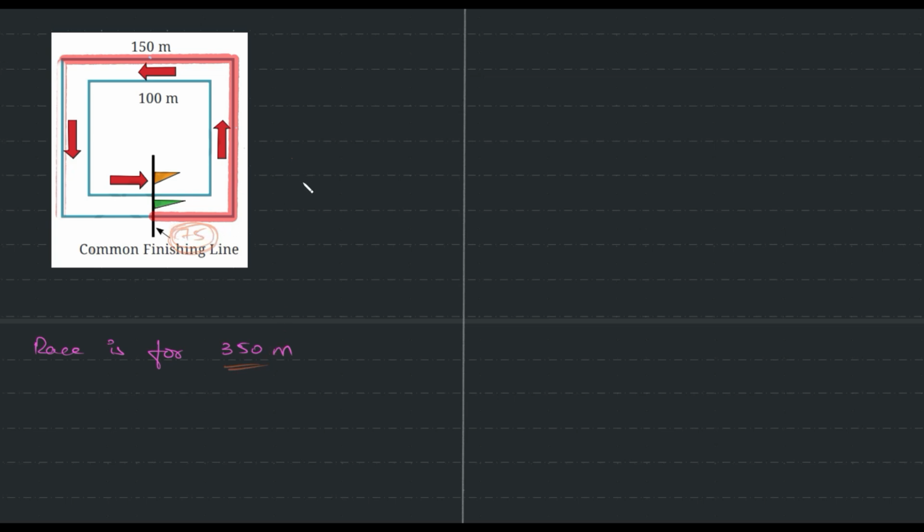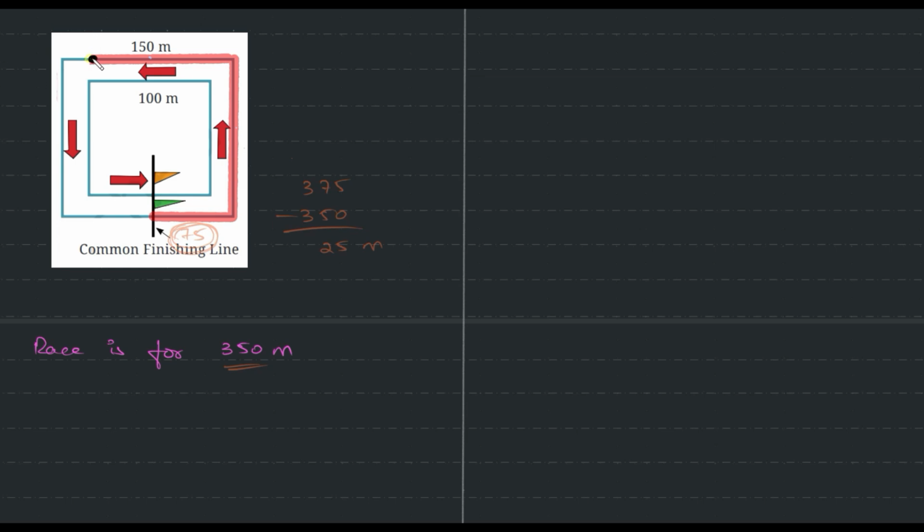Clearly, we have 375. How much more do we have? 25 meters more. So what should I do? I'll start 25 meters ahead. So basically, I'll start over here.